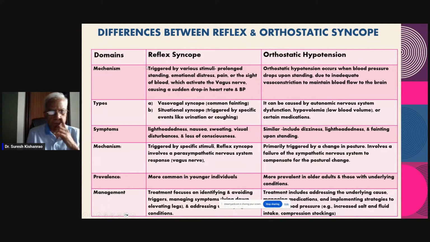Reflex triggers include sneezing, coughing, defecation, etc. Orthostatic syncope is caused by autonomic nervous system dysfunction, hypovolemia, or certain medications.